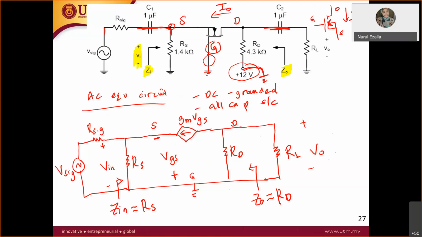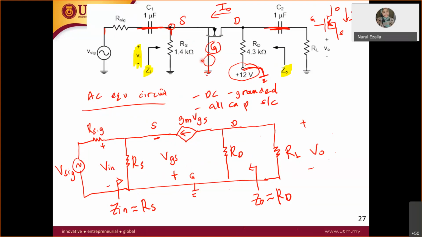If let's say you have RG over here, you don't have to put the RG in your circuit. You don't have to put your RG at your gate. Why? Can someone give me the reason why?